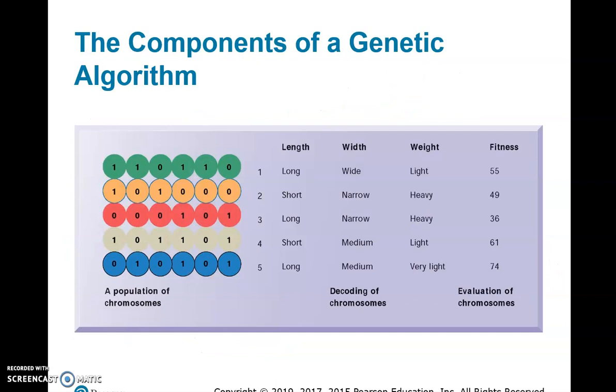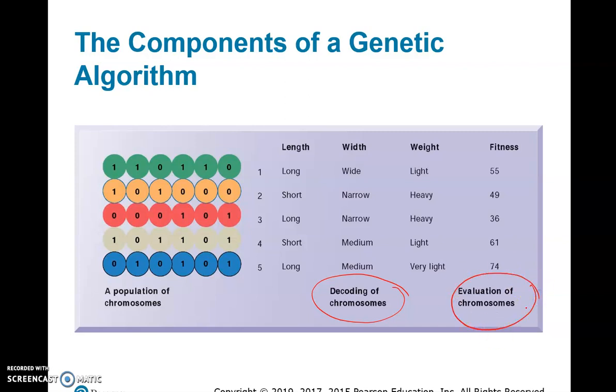In a genetic algorithm, for instance, let's say you have a population, and then we'll come to the chromosomes later. Then you have, let's say, a decoding of that population, and then you come out with an evaluation.